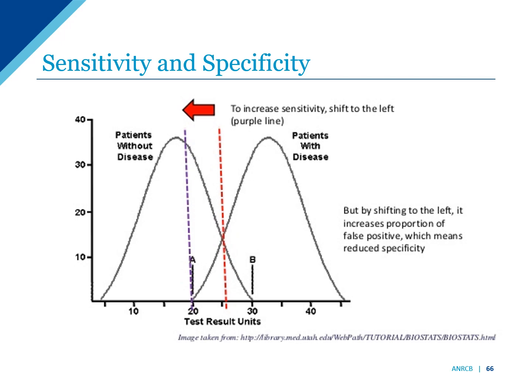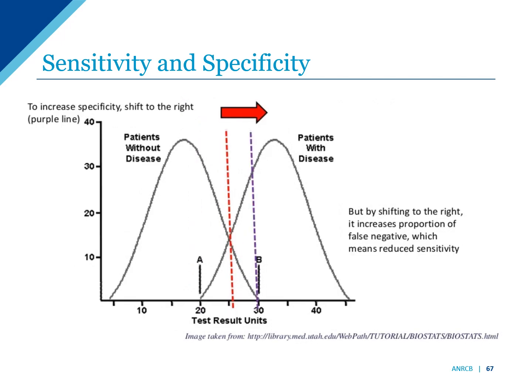The relationship of sensitivity and specificity is such that increasing one is going to contribute to the other. So to increase sensitivity, you might shift the red line in the middle where the test line is to the left to where the purple line is, and you will catch more people who have the disease, but you're also going to increase the proportion of false positives, which means you're reducing the specificity.